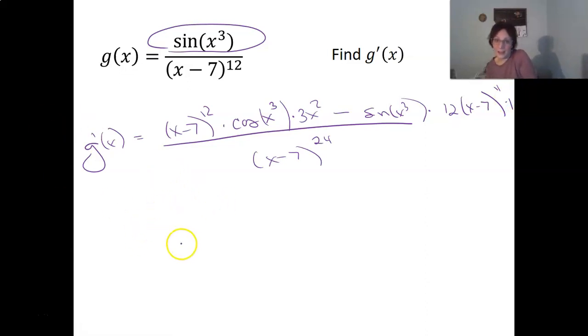Just FYI, if the chain rule piece is a 1, you are not by any means required to write it. If the chain rule piece is a 1, you don't have to report that.